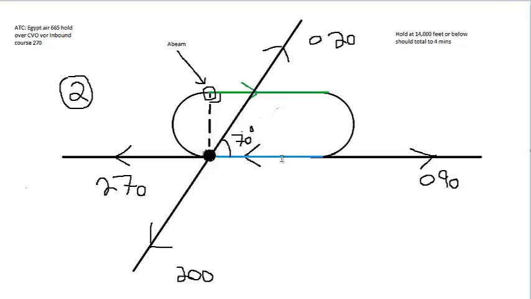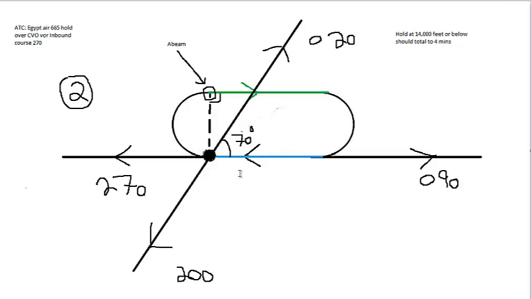So 1 minute and 30 seconds. So above 14,000 feet, the only difference in timing is that this outbound leg, the green section, is going to be 1.5 minutes instead of 1. And the blue section is going to be 1.5 minutes as well, instead of just 1 minute. And the turns are just a standard rate, 1 minute here and 1 minute here.